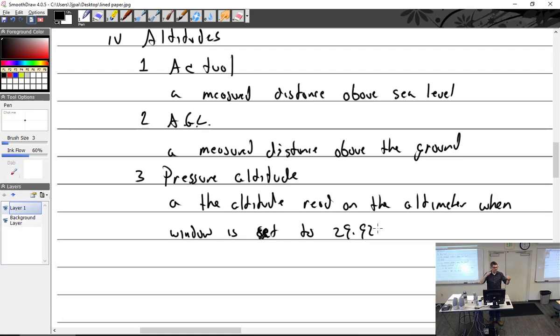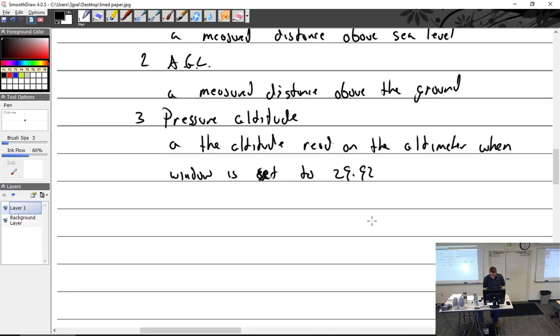Which is kind of weird, because you could be right at 18 and go below it. But anyway, pressure altitude. And that's somewhat important as a mechanic because you want to reference standard day a little bit.